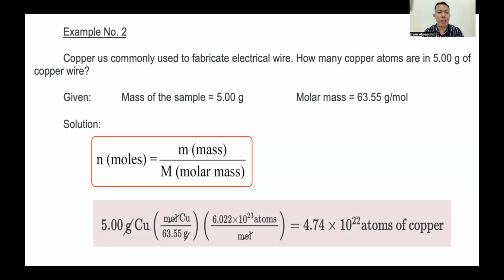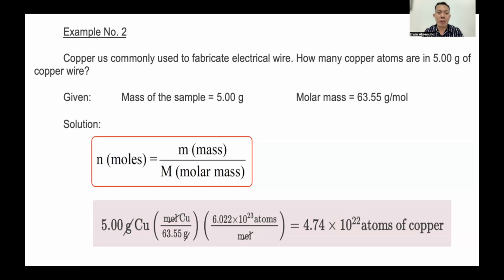Given is the mass of the sample, which is equal to 5 grams. And the molar mass of copper, if you look at the periodic table, the symbol is capital C, small letter u, or Cu. It is equivalent to 63.55 gram per mole.